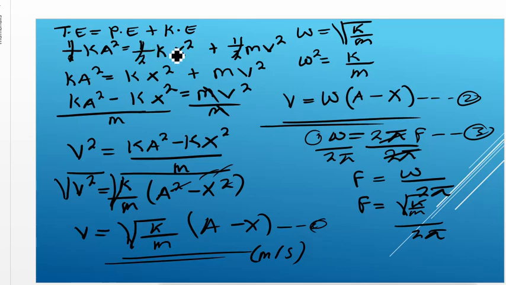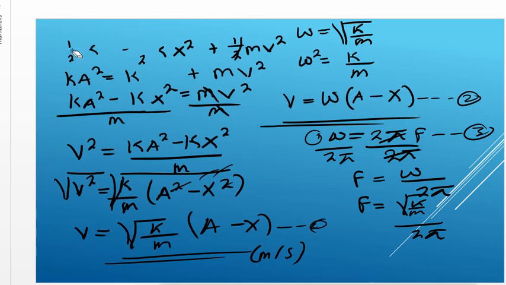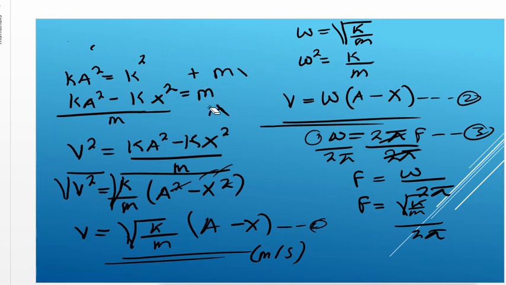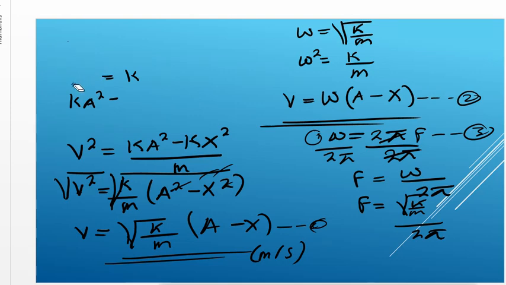Okay, so let me try to wrap this. So this is very simple. It's just a matter of understanding. So of course we have frequency is equal to square root of k over m over 2 pi.